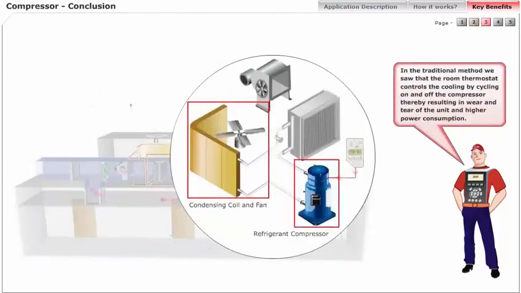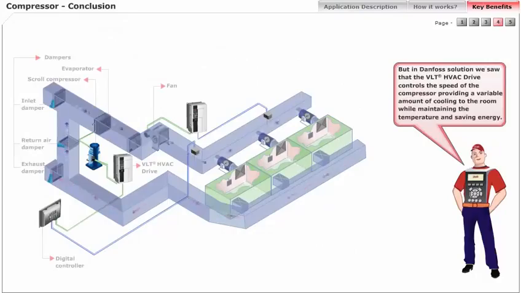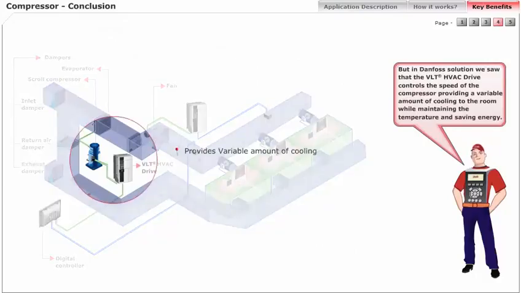In the traditional method, we saw that the room thermostat controls the cooling by cycling on and off the compressor, thereby resulting in wear and tear of the unit and higher power consumption. But in Danfoss solution, we saw that the VLT-HVAC drive controls the speed of the compressor, providing a variable amount of cooling to the room, while maintaining the temperature and saving energy.